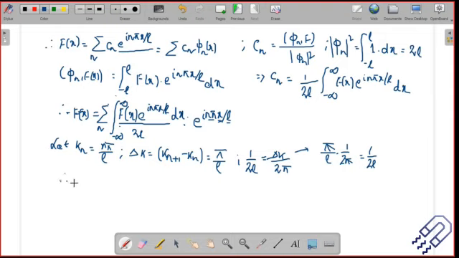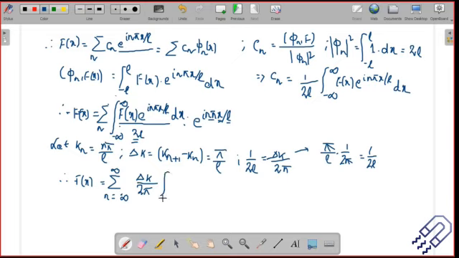So if we just replace it here, we can simply write down f of x as summation, and just replace it later, minus infinity to plus infinity, and this should be nothing but delta k divided by 2 pi. Delta k by 2 pi, I've written it that way.